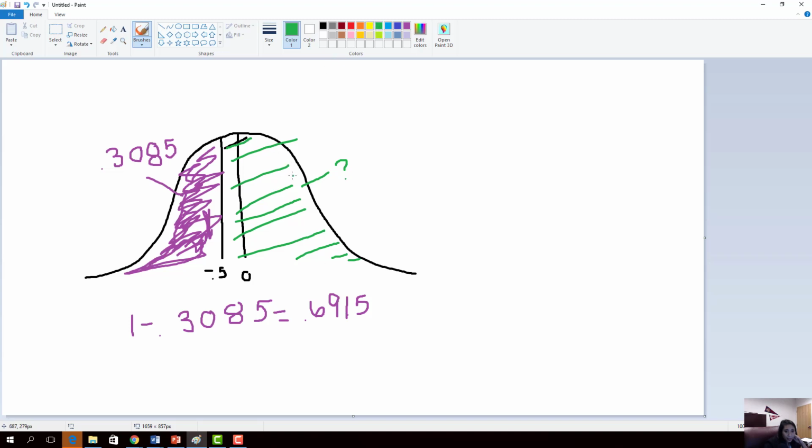So now this green corresponds to 0.6915, and we can say that 69.15% of piggies weigh more than Babe Jr.